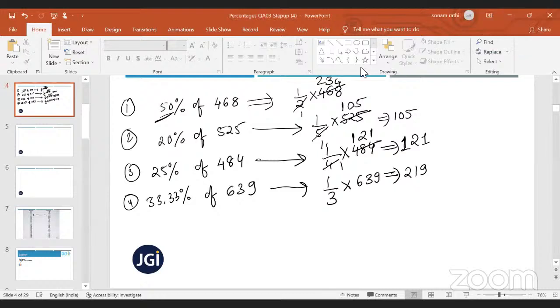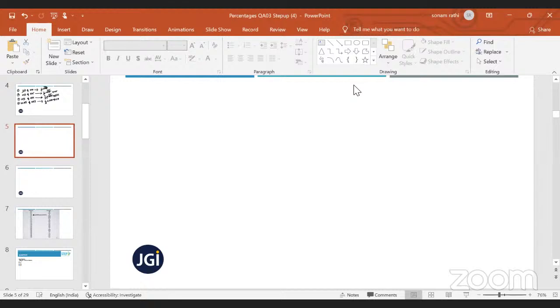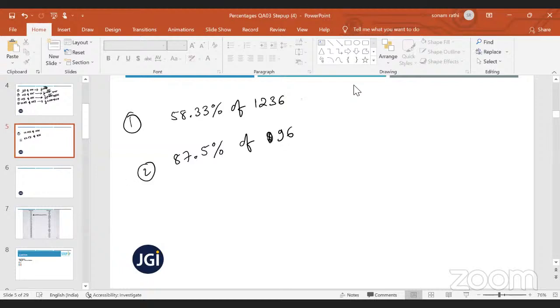Okay. So this is how we are going to use percentage. Okay, let me give you a few more examples. Let's say I give you... let's do this first one and the second one.